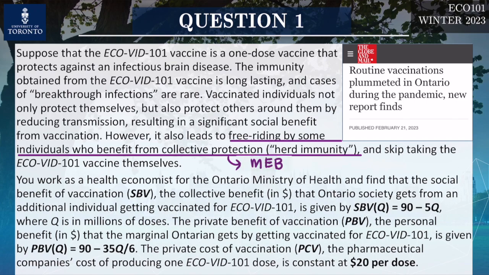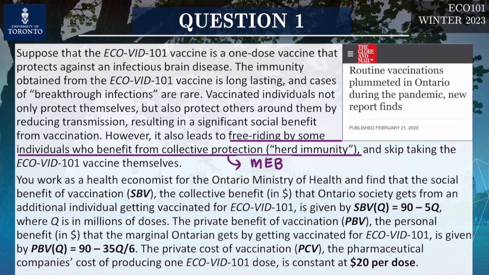So we are talking about a positive externality, so a marginal external benefit. Since we have a marginal external benefit that is not internalized by actors in this market, it means that the market equilibrium will be different from the social optimum.